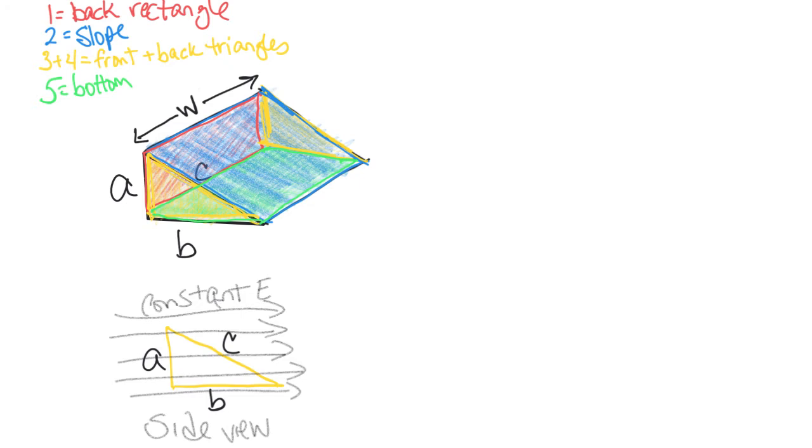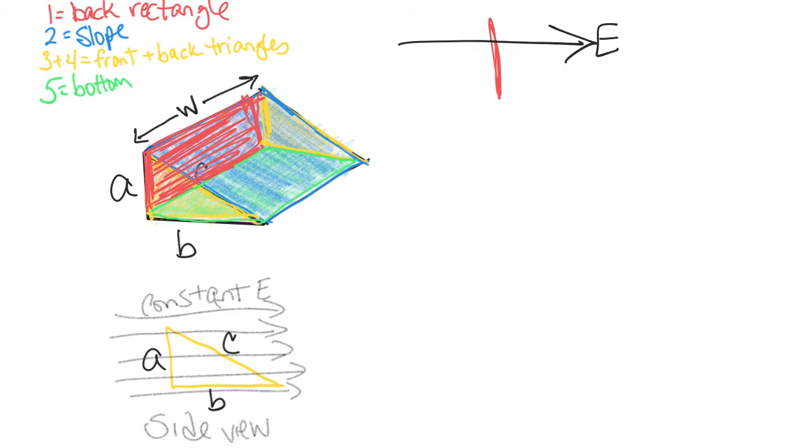All right, I want to look at the back now. That's surface 1. If we look at the side view, we have our electric field going like this. Now I think we're getting somewhere.